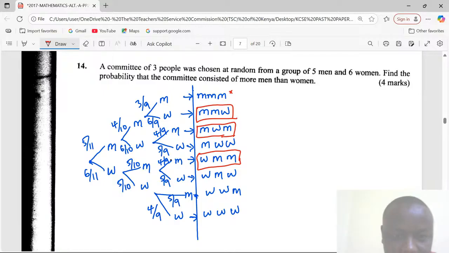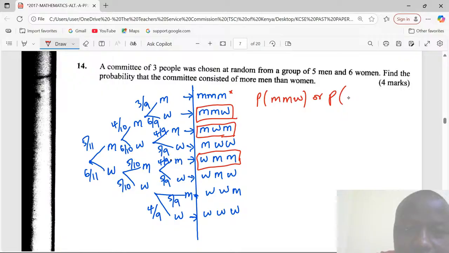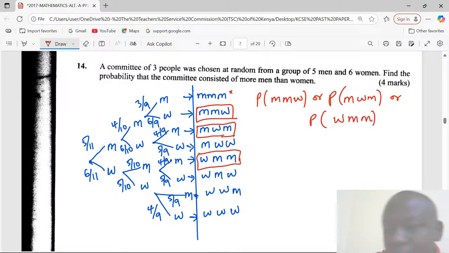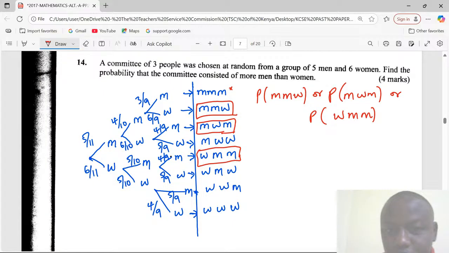And now I'm not seeing another case where the men are the ones who are more. So we need probability man, man, woman, or probability man, woman, man, or probability woman, man, man. Those are the cases where men are 2, but only 1 woman.